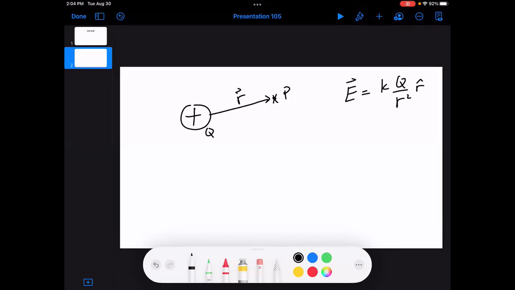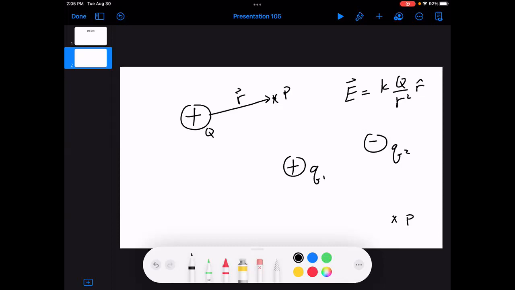Then we are going to say, well, clearly we could have two charges, because why not? And so we could have Q1 and Q2 with whatever charge they have. And I could say, well, now I want to know the electric field at this point out in space.